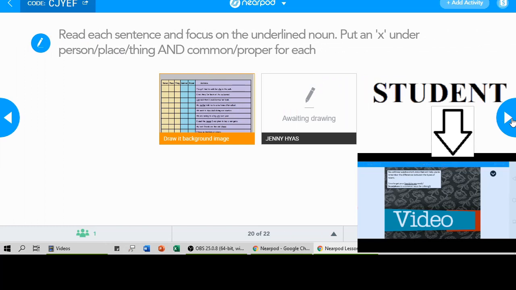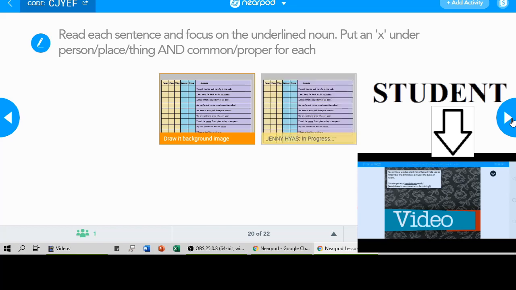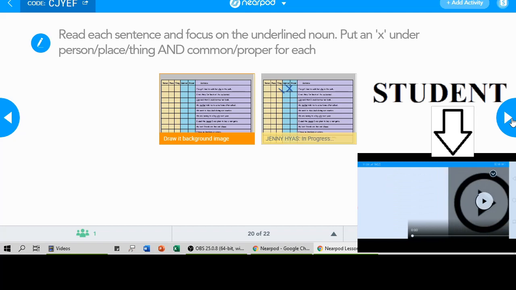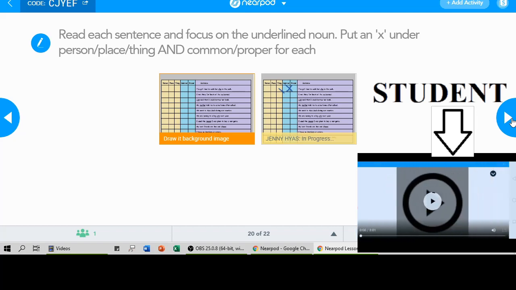Read each sentence and focus on the underlined noun. Put an X under person, place, name, and common or proper nouns. The girl liked to walk her dog. So dog is a common noun and a thing. I met Gary for lunch at the restaurant. Restaurant is also a common noun and it's a place. Lisa said that I could borrow her book.